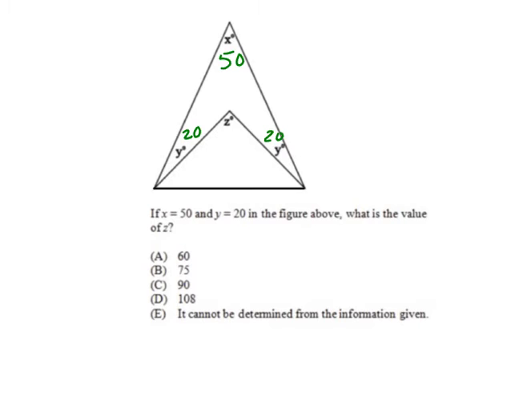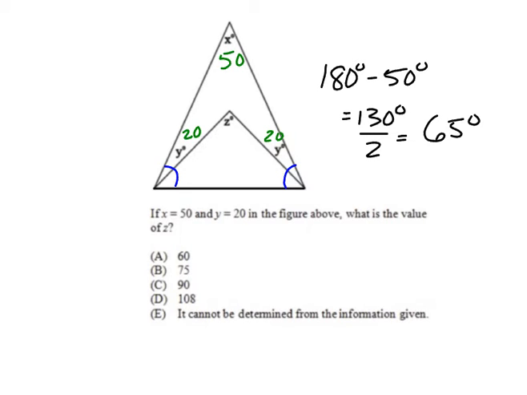If those y's are 20, I know that this whole thing has to split the 180 degrees left over after 50. So 180 minus 50 is 130. So that means split in half, each of these are going to be 65 degrees in total. So this whole angle is 65 degrees. That's the only way this can be.